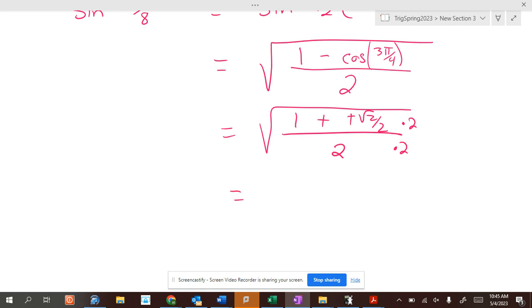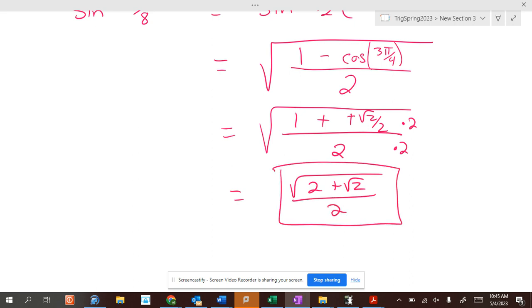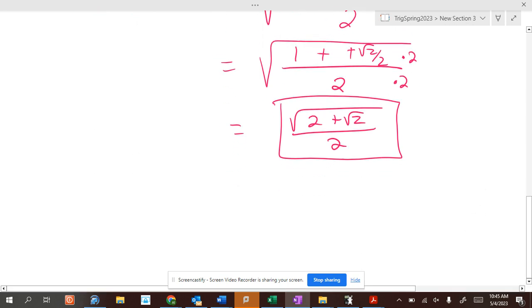So we get the square root of 2 plus the square root of 2 all over 2. I skipped a step. 4 is on the bottom, and the square root of 4 is 2, so I just skipped that step.